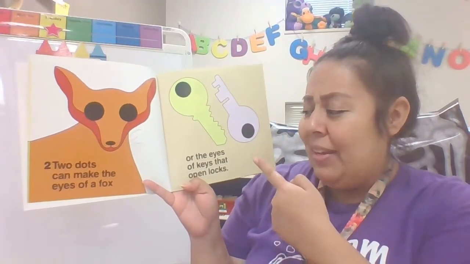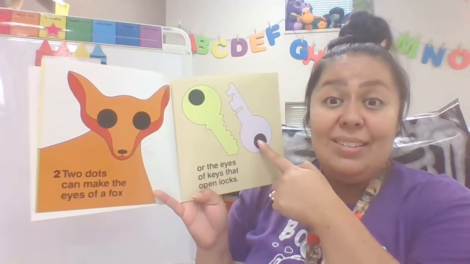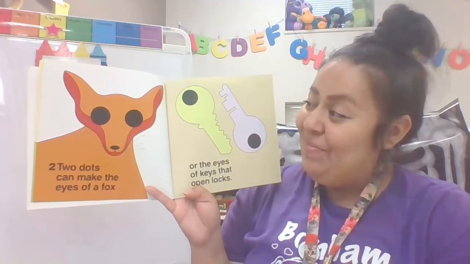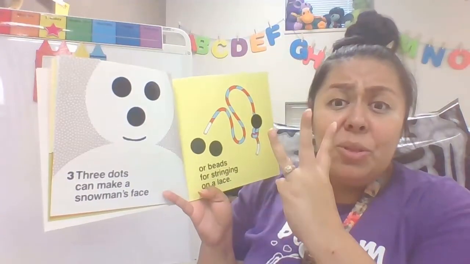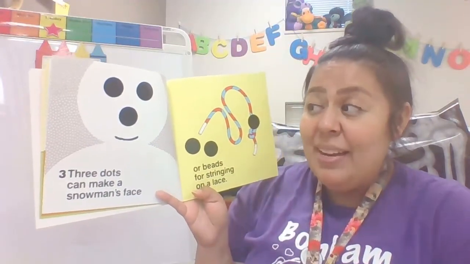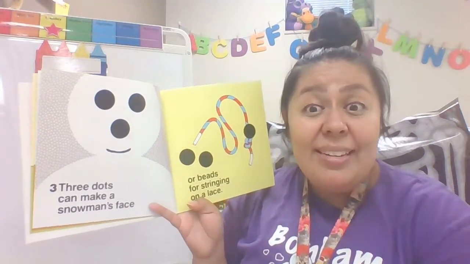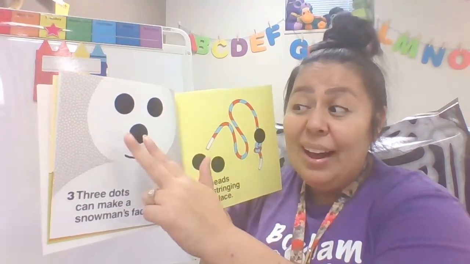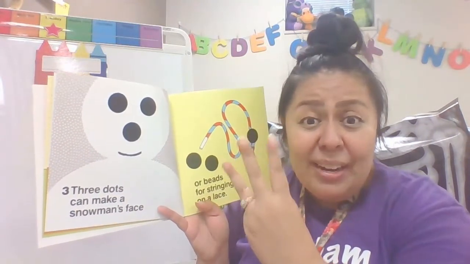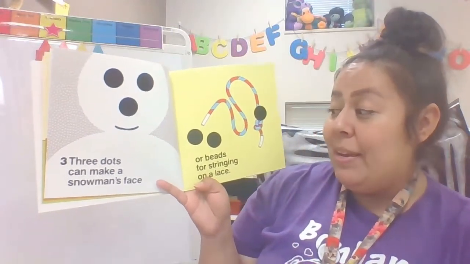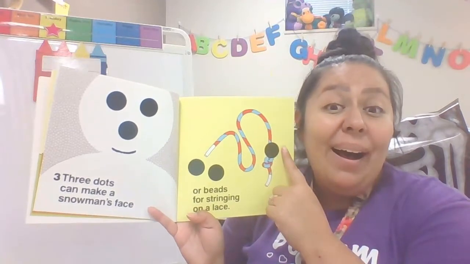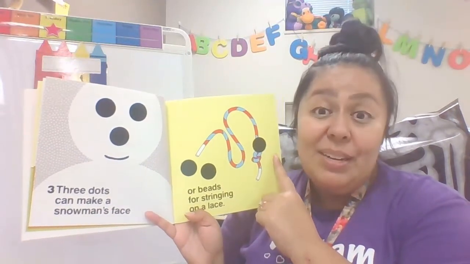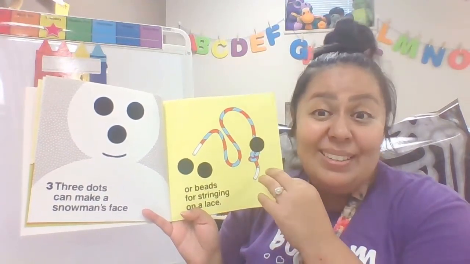Or the eyes of keys that open locks. 3 dots can make a snowman's face. 2 eyes and the nose. They use 3. Or beads for stringing on a lace. Oh, so these dots are pretending to be the beads.